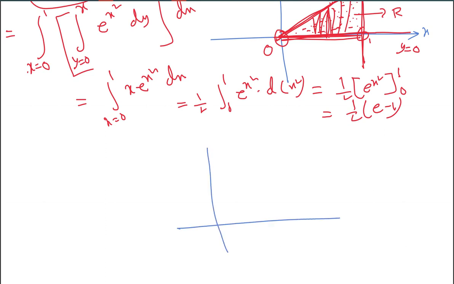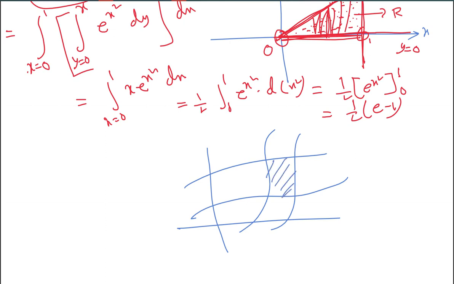Any curve, suppose this curve is given. I am arbitrarily drawing this, and this portion you have to integrate. This is your point of concern, na? In that case, you can easily find the point of intersection.